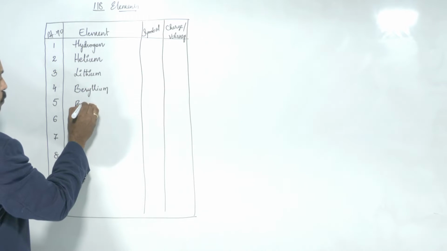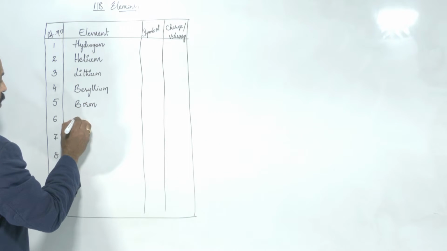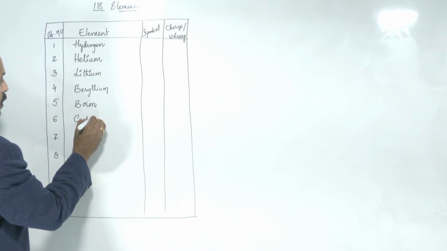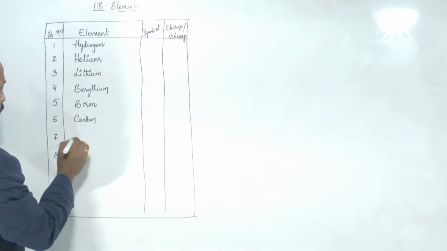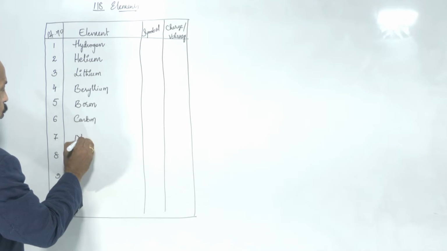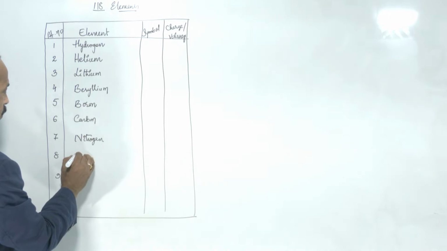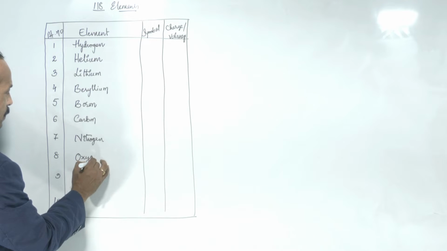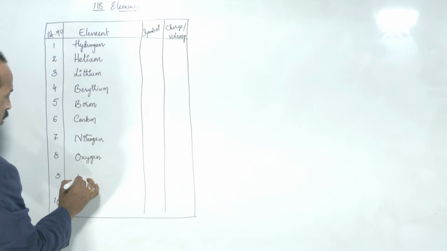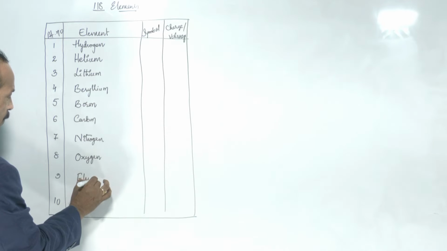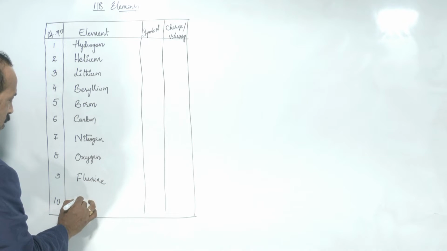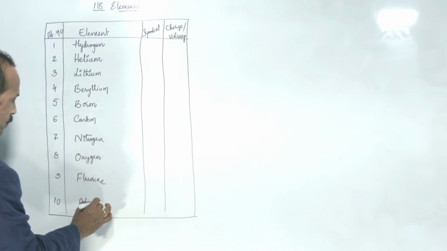Fifth one, boron. Sixth one, carbon. Seventh one, nitrogen. Eighth one, oxygen. Ninth one, fluorine. 10th one, neon.